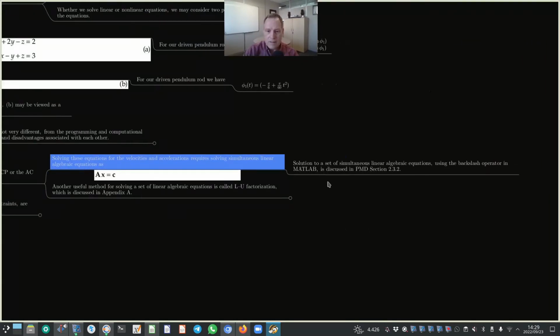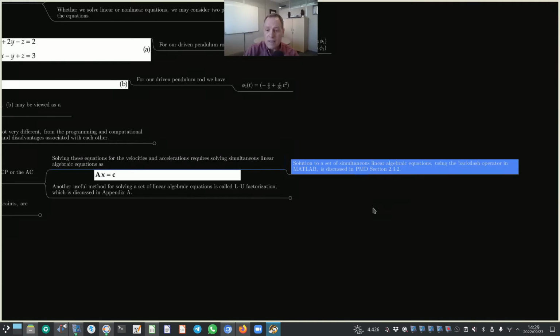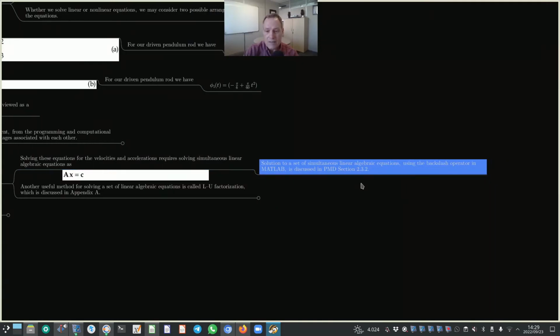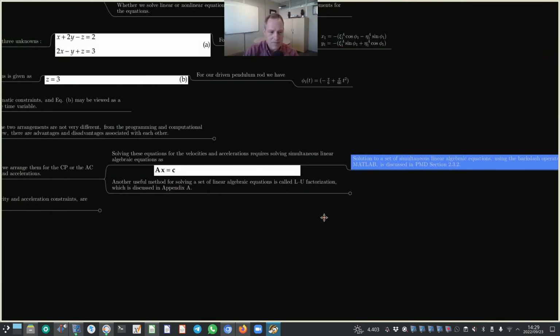Now, the solution to a set of simultaneous linear algebraic equations using the backslash operator in Matlab is discussed in Planar Multibody Dynamics section 2.3.2. Okay, so it's a straightforward method, and for those of you who are interested, please refer to section 2.3.2 in the textbook.